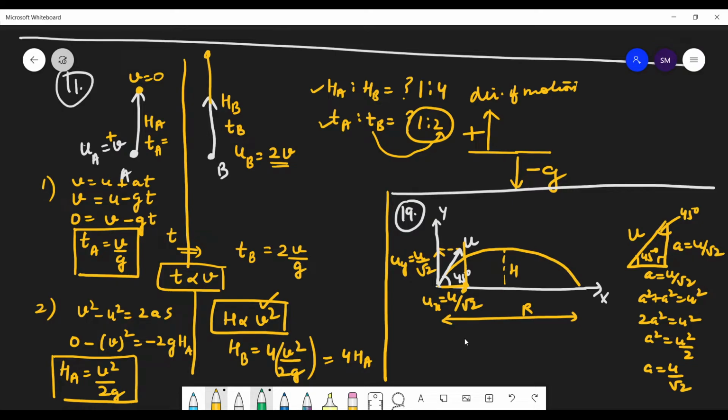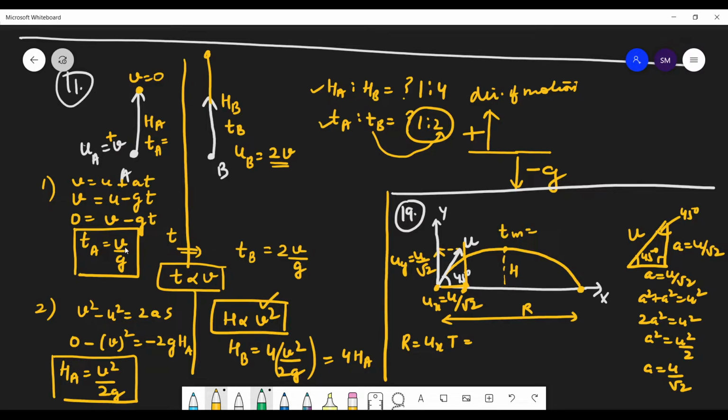So students, as I told you that the horizontal velocity remains the same, horizontal speed remains the same throughout the motion, so that is constant speed, so range will be nothing but ux into time of the flight. Yes, time of the flight has the same formula as time to reach the maximum height.